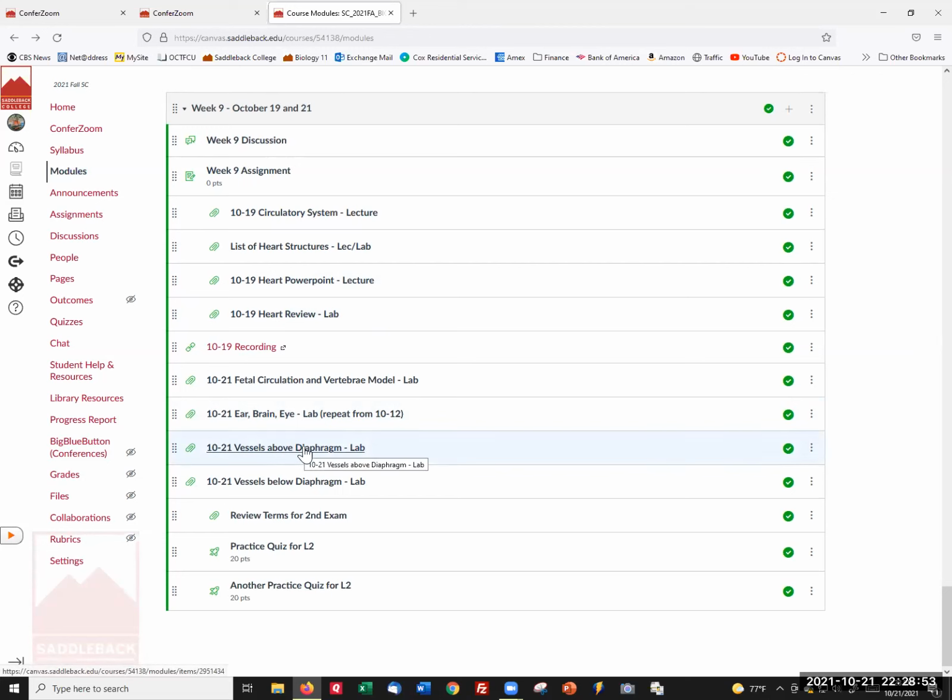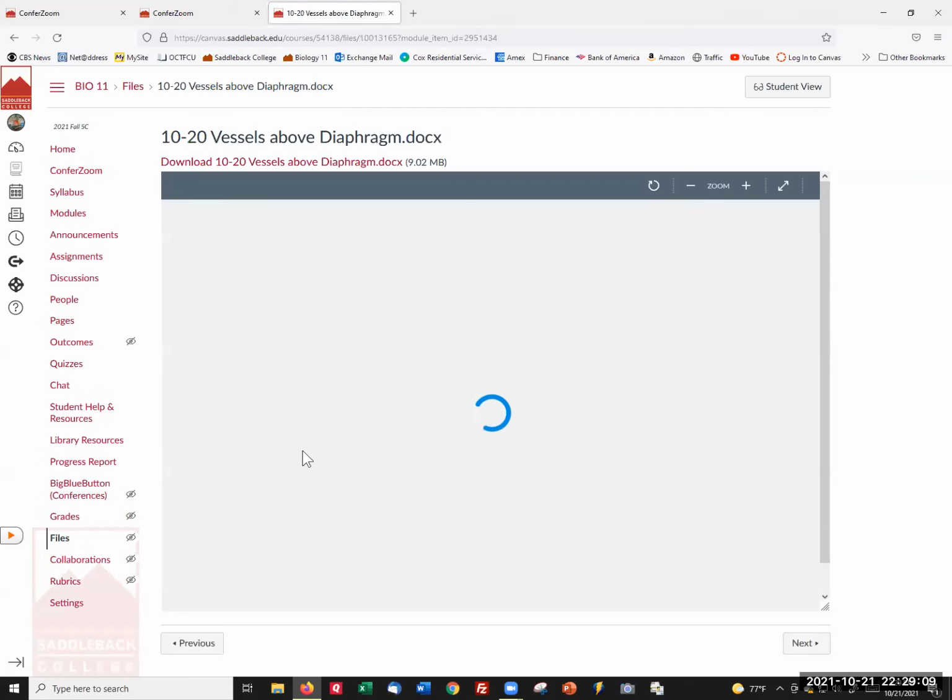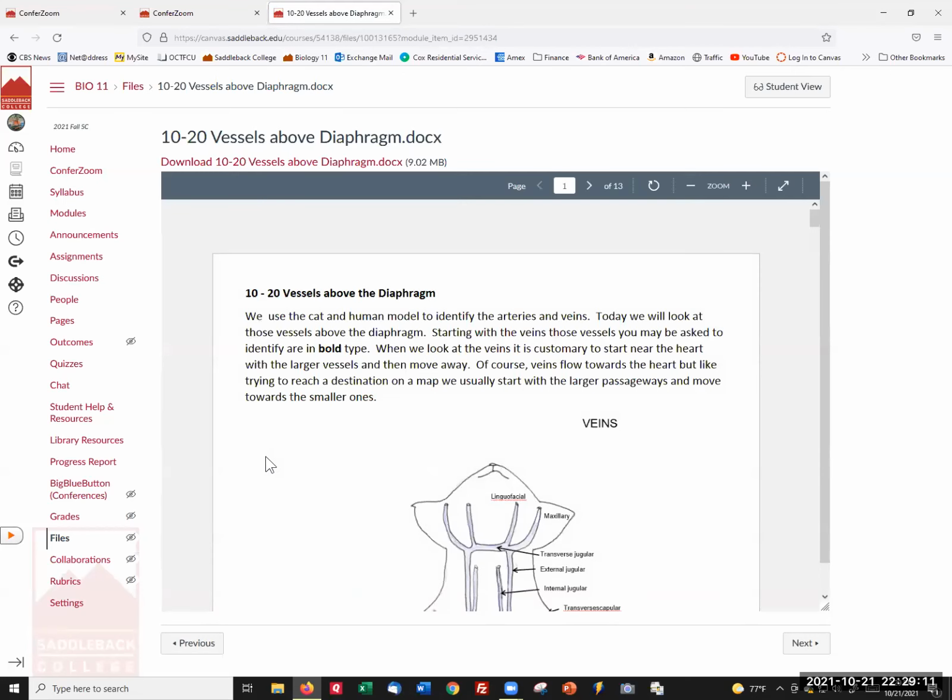We're going to look at vessels and name them on the cat from previously dissected cats. And I'm going to use a diagram to get us started. All of this material is for P3. We have a lot to do yet for practicum 3. So I'm actually glad you've given yourself a little bit more time for P3, whether you know it or not.